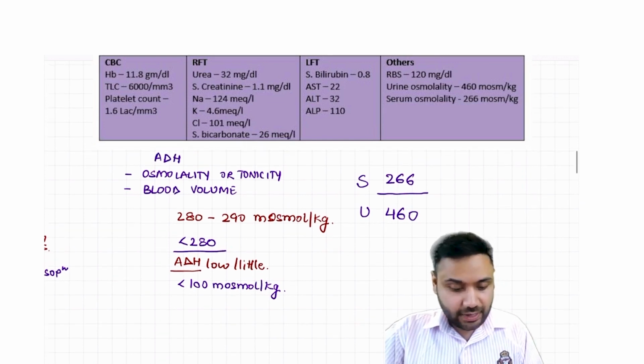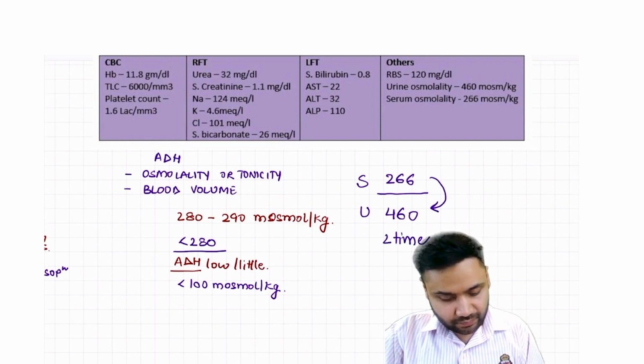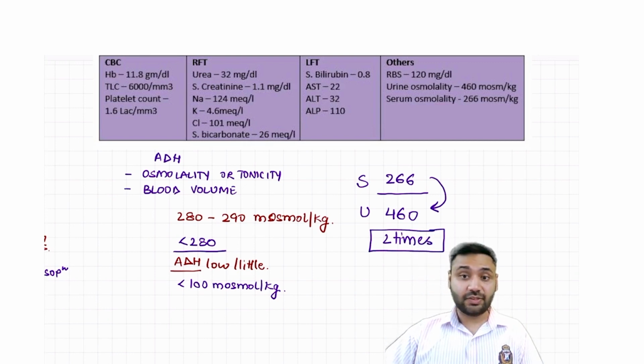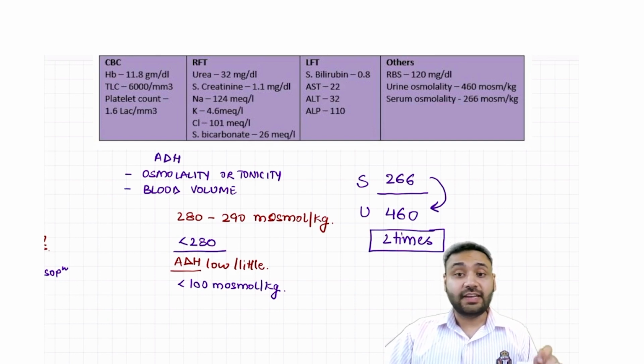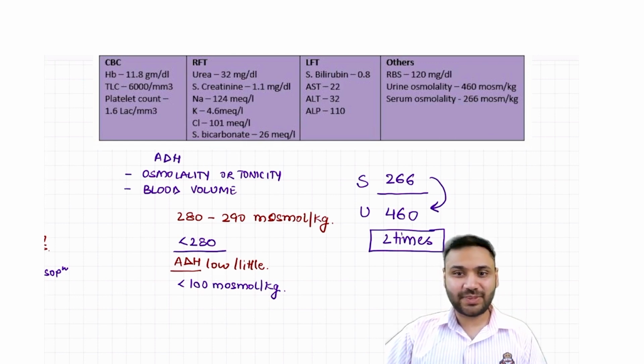And if you compare these two, it is almost 2 times, right? So one of the key clues in patients with SIADH is that the urine osmolality is nearly 2 times the serum osmolality, right?